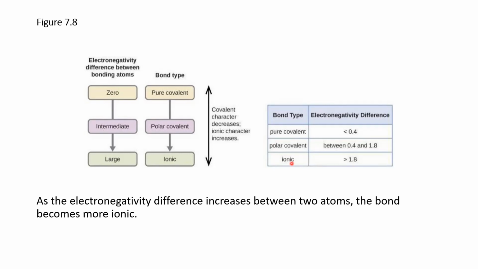You can see with the polar covalent bond, it's a range, because if we had a difference of 0.5, that would still be a polar covalent bond, but much less polar. Those partial charges are going to be much smaller than if it was an electronegativity difference of 1.5. In that case, the more electronegative atom would be pulling in that electron much, much more, so we'd wind up with larger charges there.